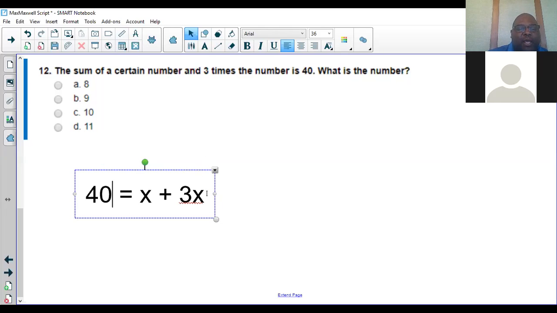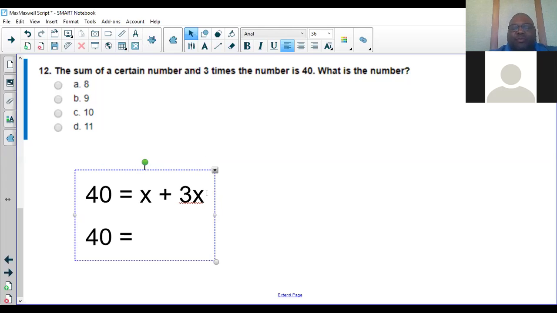Okay, so if this is correct, I know that x plus 3x is going to be what? What's x plus 3x? 4x. That's right. It's going to be 4x. Okay.